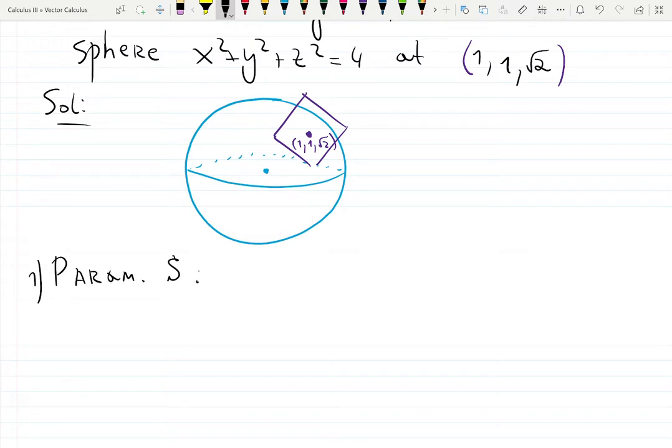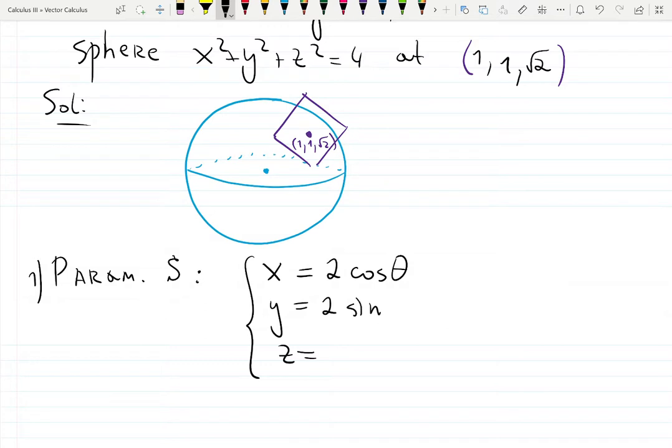Parameterize S. We know spherical coordinates. Let's review very fast. We did it right before the exam. The 3 spherical coordinates: x is 2 cosine theta sine phi, y is 2 sine theta sine phi, and z is 2 cosine phi.